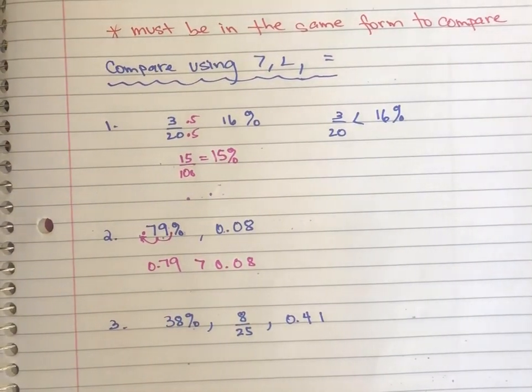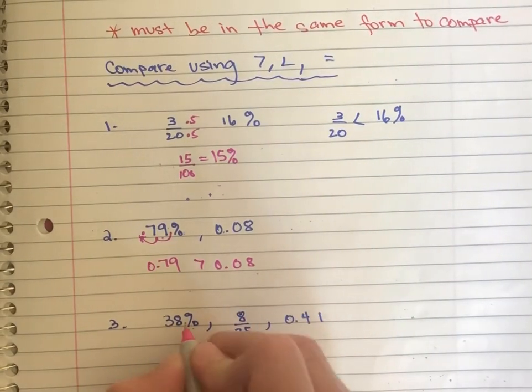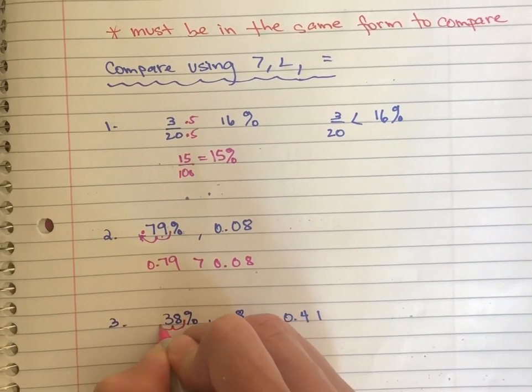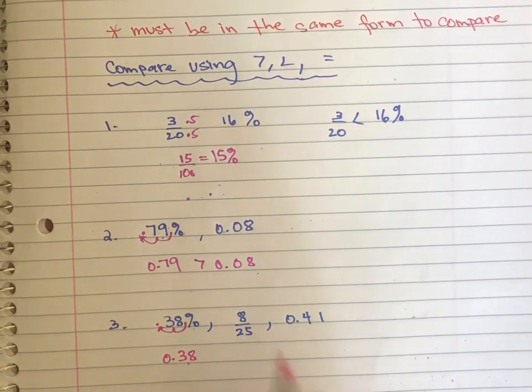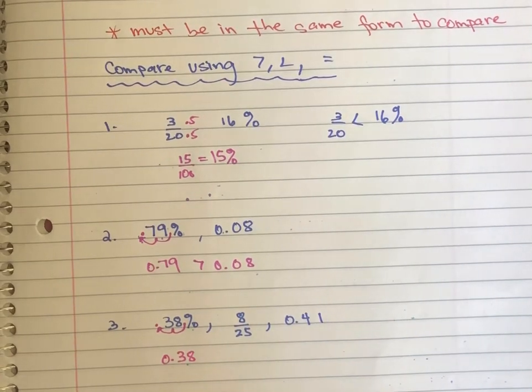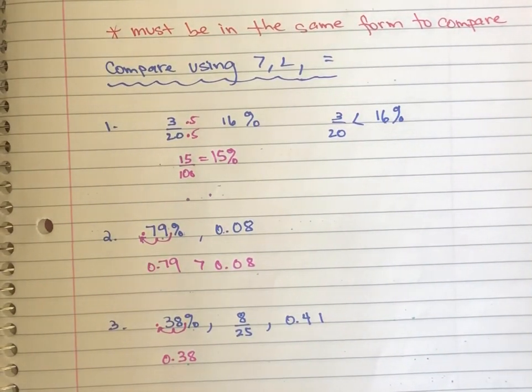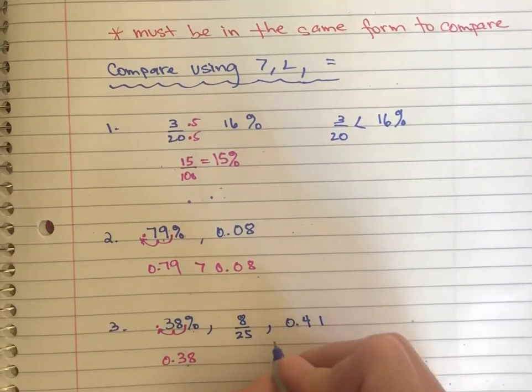So let's convert 38% into a decimal by moving that decimal point twice to the left, and we get 0.38. Then we have to convert 8/25ths into a decimal. So you can choose how you want to convert this to a decimal.